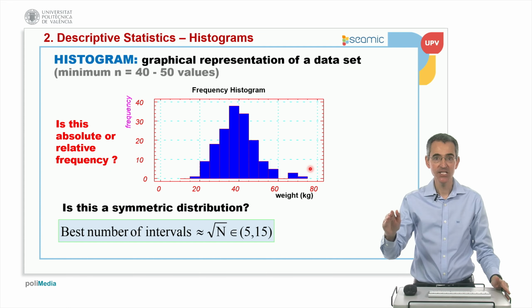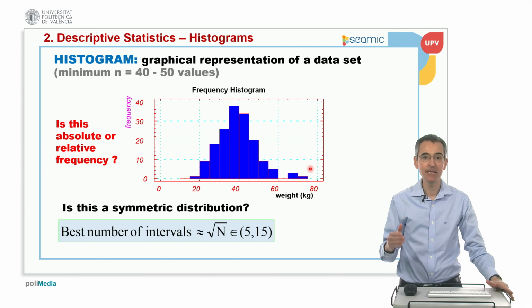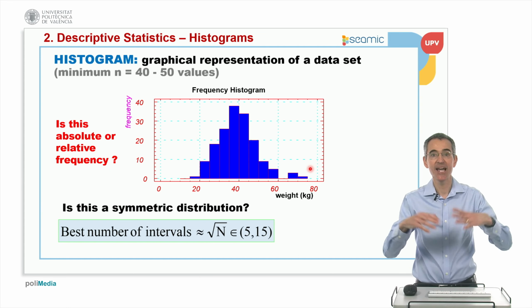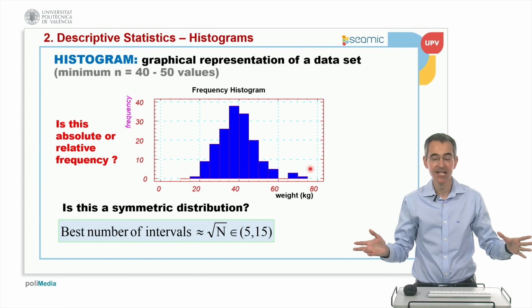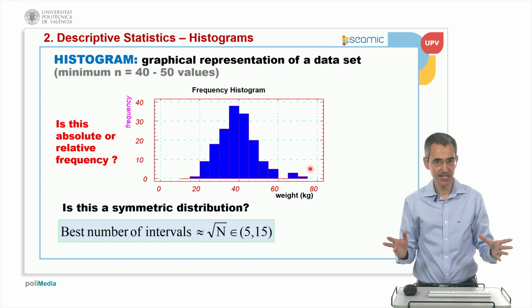Well, another important issue when we want to build a histogram is the number of intervals. This is something that we can change. And many people think that the higher the number of intervals, the more information that we get from the histogram.